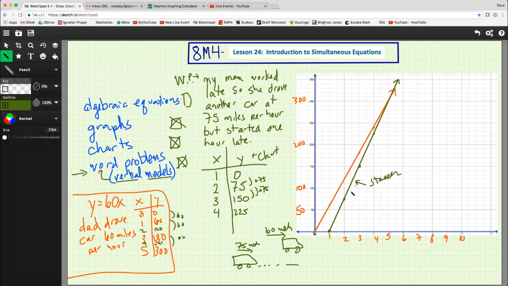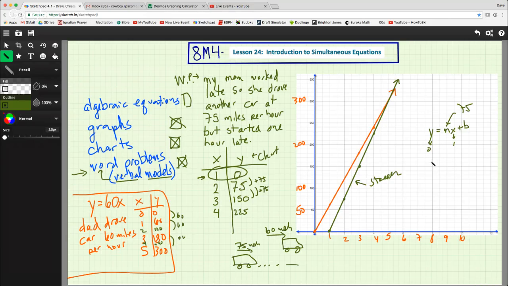So you can also calculate this green algebraic equation, and remind ourselves how we can do it. Well, we know the slope, because we're told it's 75 miles per hour. So on the green one we have y equals mx plus b, and we know that m is 75. So we can just plug in a point, and I'm going to choose this point to make it really easy. We put a 1 in here and a 0 in here.